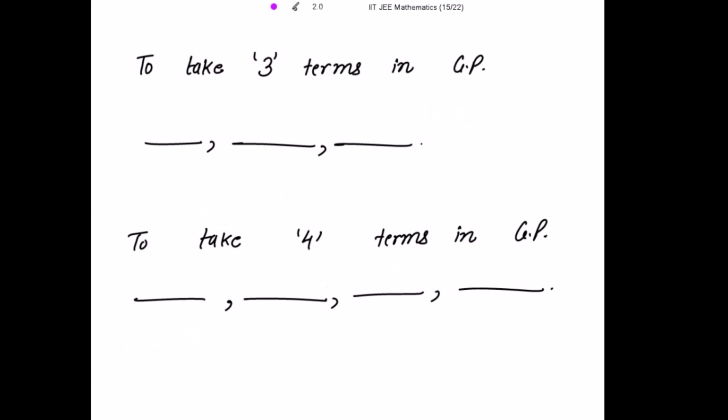Then if you need to consider three terms in GP, you have to consider the terms to be a divided by r, a, and a into r. And if you need to consider four terms in GP, then that should be taken as a into r, a divided by r, a into r cube, and a divided by r cube.